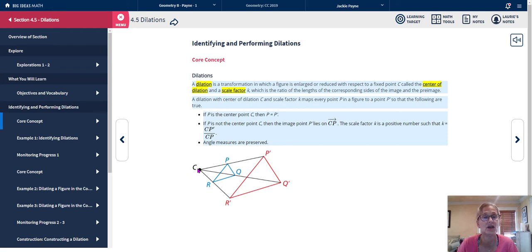So from C going through P, you can see it there. The scale factor K is a positive number such that K is equal to CP prime divided by CP. So it would be from here to here, CP prime, that's the enlargement, divided by CP, that's the original. Angle measures are preserved. As you can see, all these angles are going to be the same.